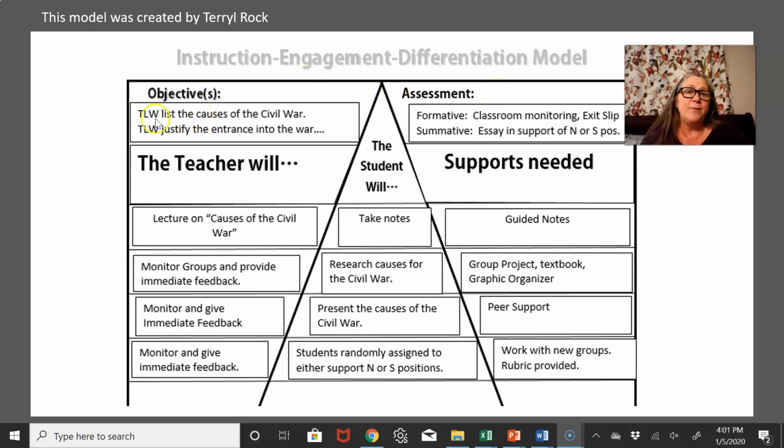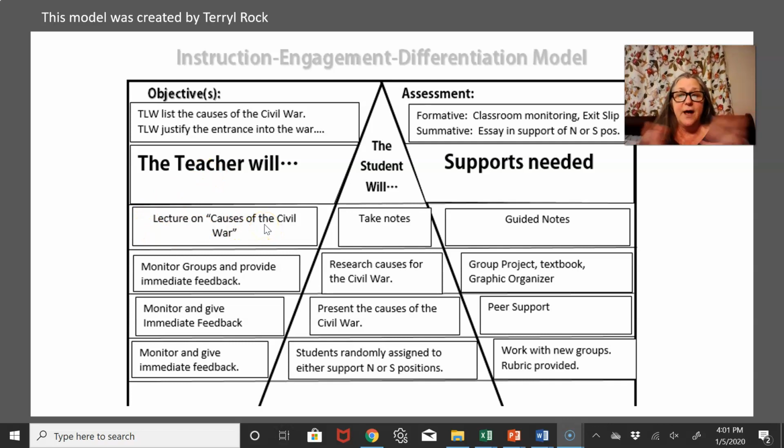For example, if your lesson objectives were to list the causes of the Civil War and then justify the entrance into the war, and your assessments for formative and summative were here, what does the teacher do? The teacher is going to be lecturing on the causes of the Civil War.